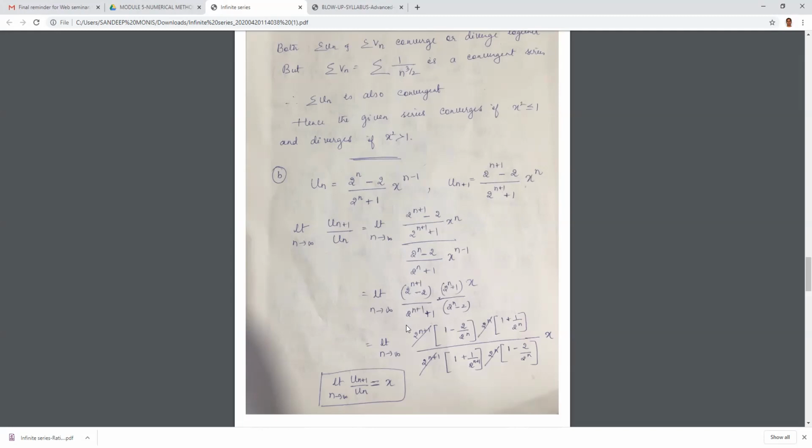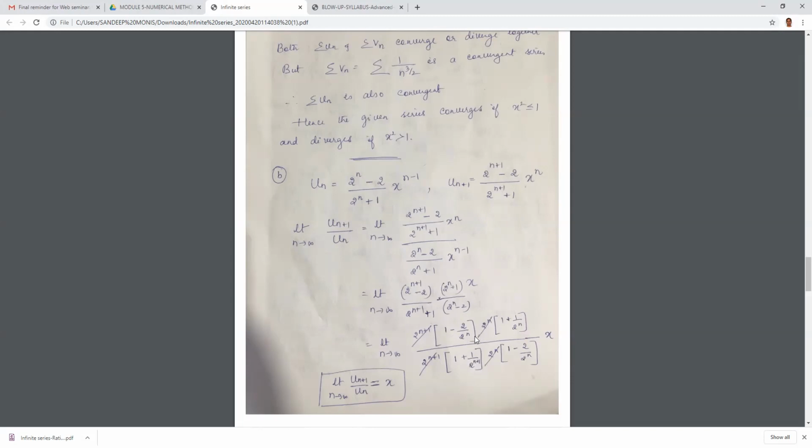Now you take 2 to the power n plus 1 out. So you will get 1 minus 2 by 2 to the power n plus 1. And here also you take out 2 to the power n, giving 1 minus 2 by 2 to the power n, and 1 plus 1 by 2 to the power n plus 1.